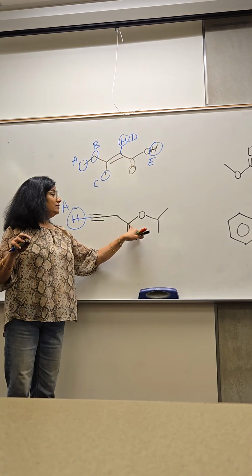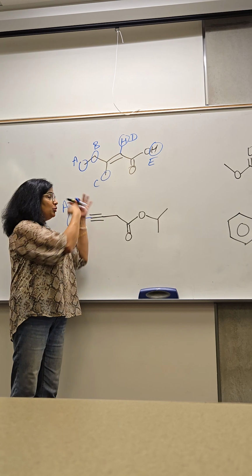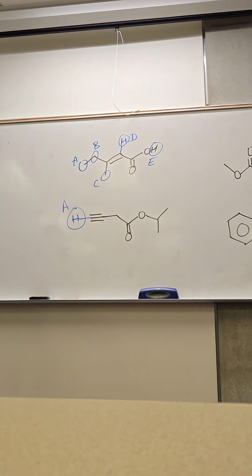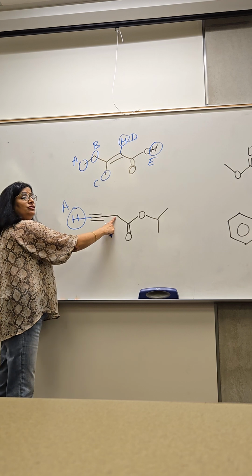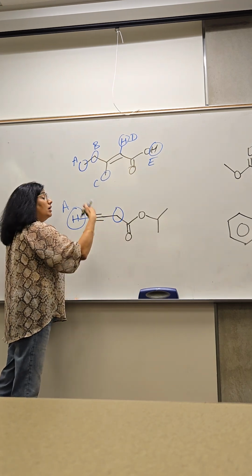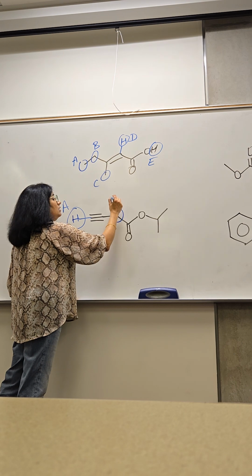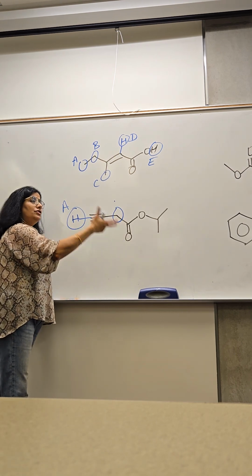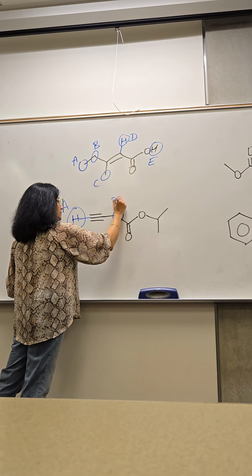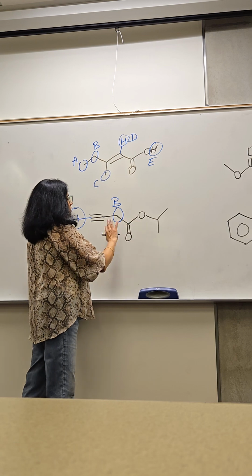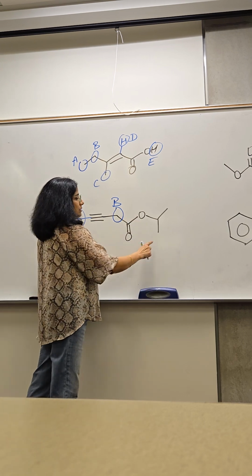The point is, is there a stereo center in this molecule already? No. So what does that make those two hydrogens right there? Enantiotopic. Are enantiotopic hydrogens NMR equivalent or not equivalent? Equivalent. You guys with me? Okay. Where else? There's two more.